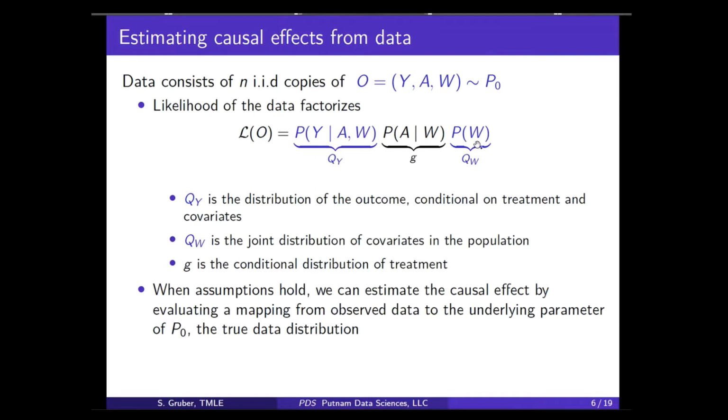And the treatment effect is often going to be different depending on the distribution of people in your data. So Q of Y is the distribution of the outcome conditional on treatment and covariates, and Q of W is the joint distribution of the covariates in the population. Those two things are what we needed for the full data, in order to say that the thing we're interested in is a parameter of the full data.